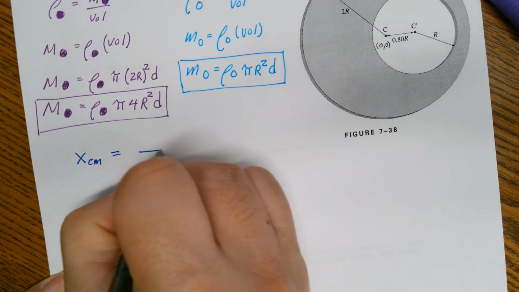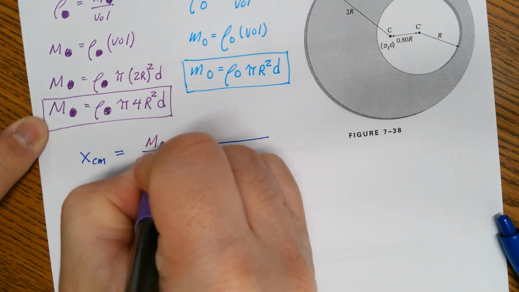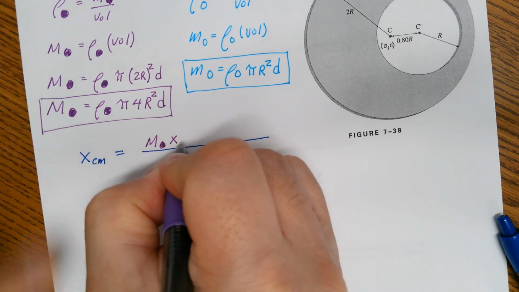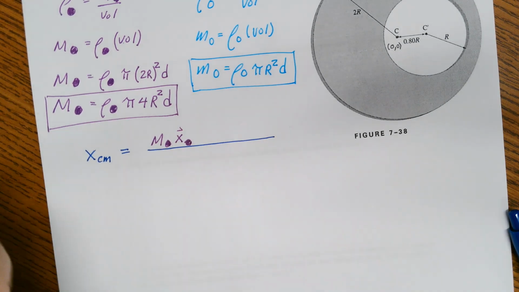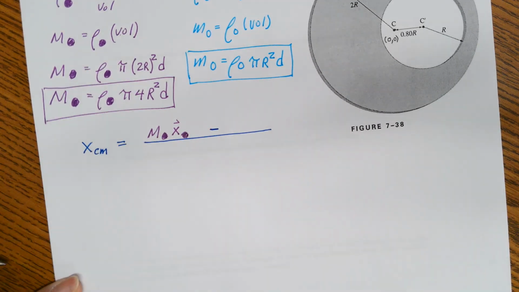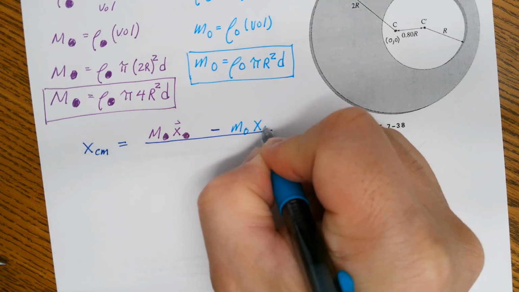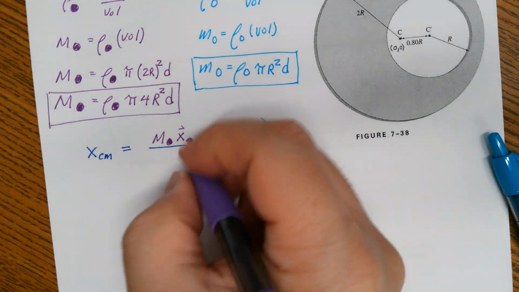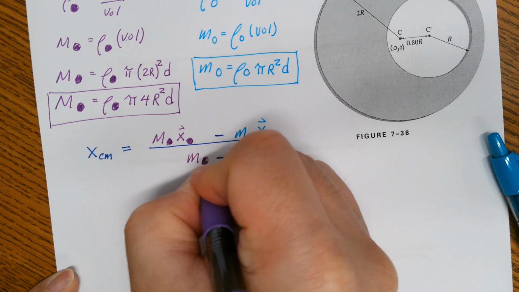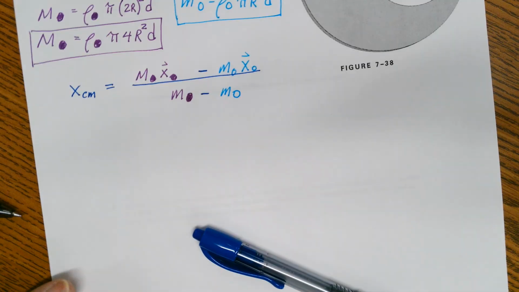That is really nothing more than the mass of the solid times the x sub cm of the solid, minus the mass of the hole times the x sub cm of the hole, the whole thing divided by the mass of the solid minus the mass of the hole. Okay, so all you have to do now is plug and chug.